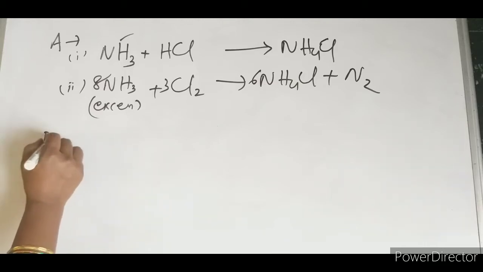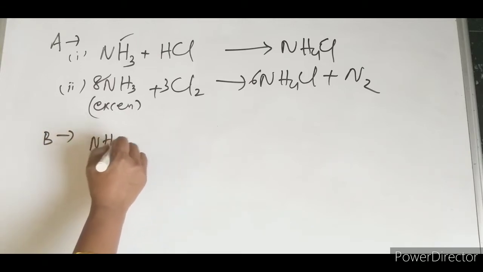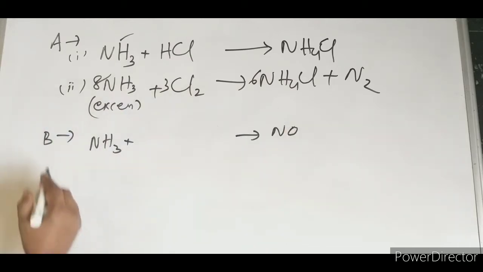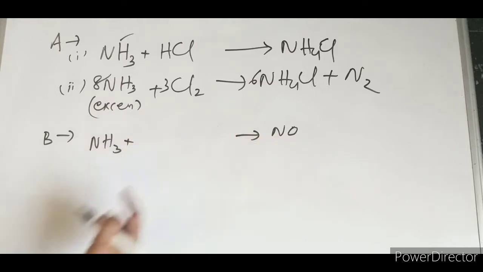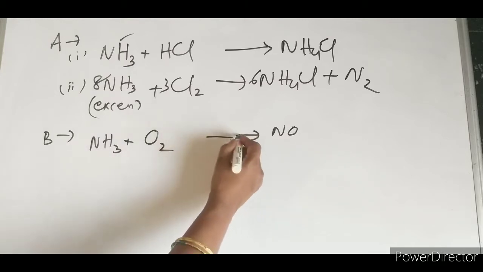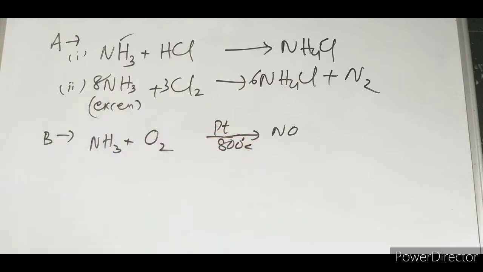And what will be B? B is from ammonia, what are we getting? NO. Okay, so this one is B. So with ammonia, something we have to add to get NO as the product. So what will we add? This is the catalytic oxidation, with platinum at 800 degrees Celsius.